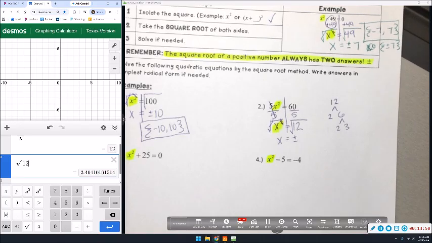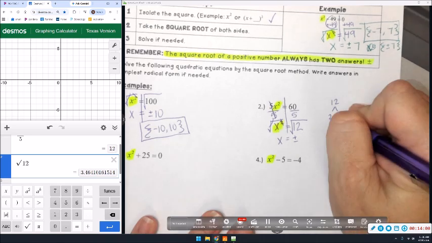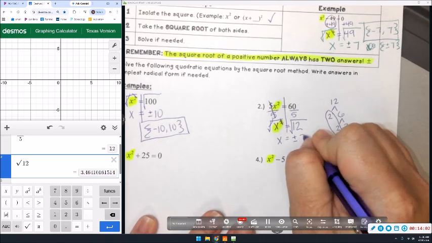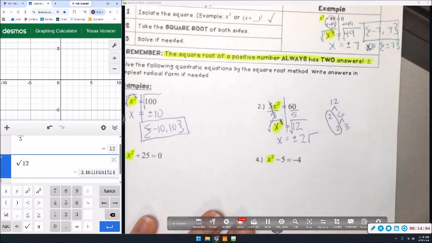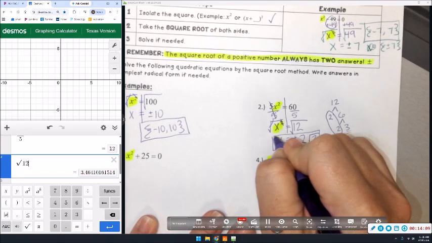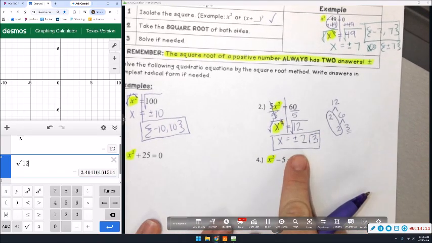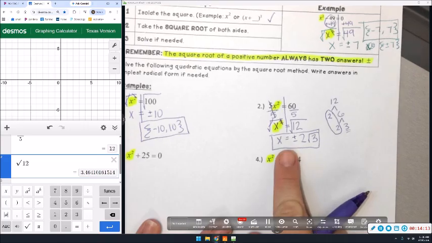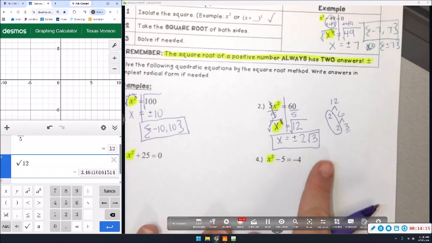So what's my pair? Remember, buddy system, the 2 gets to leave the house. And then who had to stay home? 3. Now, is that still two answers even though I didn't separate it? Yeah, it's a positive 2 square root of 3 and a negative 2 square root of 3.